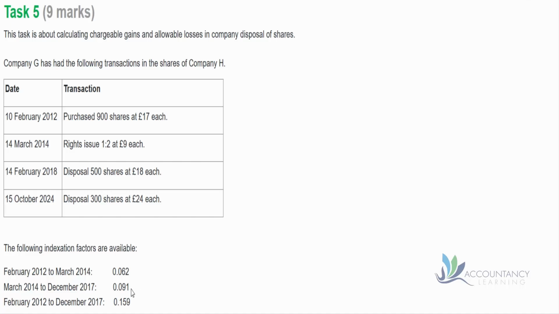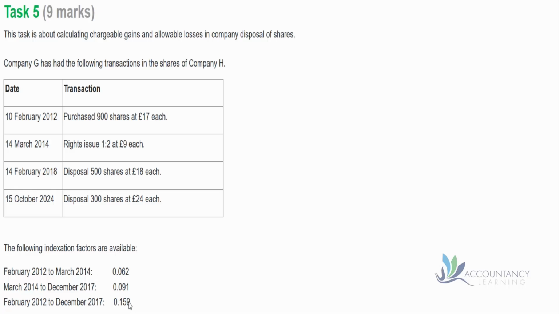So these numbers do not add together. They are multiplied against each other, but we just need to add 1 to the beginning of them. Remember, in terms of indexation, it's always an index number of 100 at the beginning, isn't it? So it's 1.0 something. Okay, so there we are.